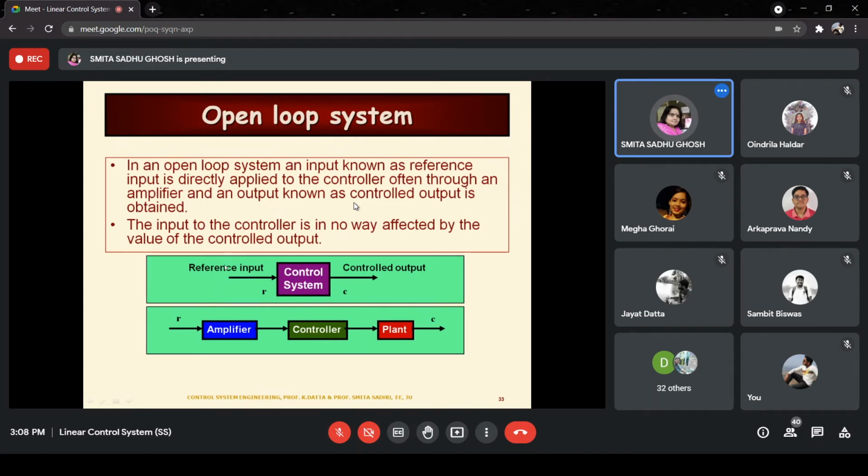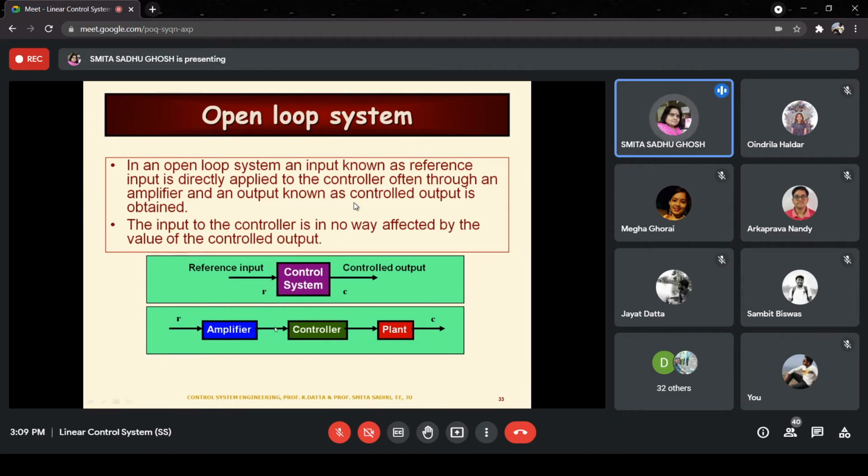Now, what happens in a system is that by application of a reference input, we try to get a desired output, right? Often the reference input that we have has to be amplified, so the amplifier is shown explicitly. It may be that no amplifier is required, in which case the amplifier gain is taken equal to 1. So it's a general thing that we have put over here. In the case that an amplifier is not required, the gain would be equal to 1, right?